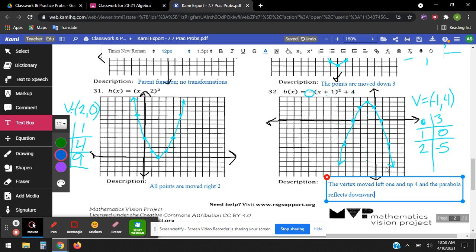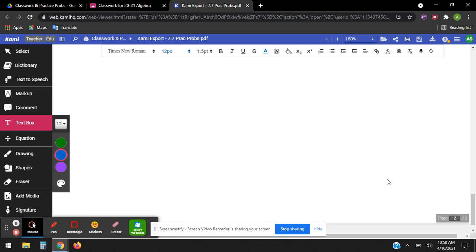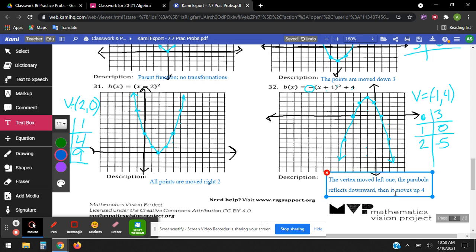So first, our vertex moved left 1. The parabola reflects downward. Then it moves up 4. Let's make sure we are describing it in terms of the order of operations. So first we move it left, because that's in the parentheses. Then we reflect it. Then we're moving it up. So technically, those are the order we're doing it in. All right, thanks for joining us. We'll see you next time.